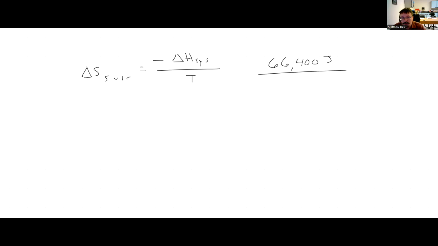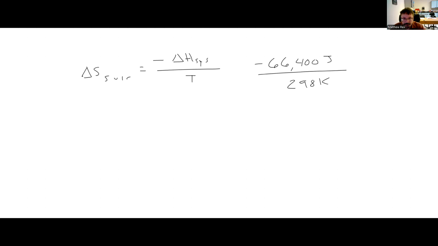We want delta S surroundings, and delta S surroundings is equal to negative enthalpy of the system or reaction over T. So if we're at 298, all our answers are in joules, so I'm going to convert our 66.4 kilojoules to 66,400 joules over our temperature, which is 298 Kelvin, and then we're going to put that negative sign in front of that.